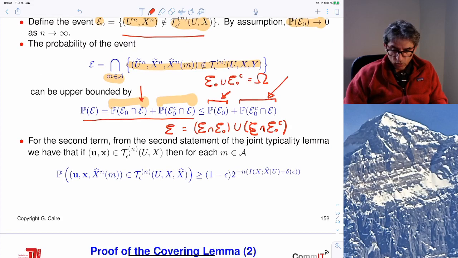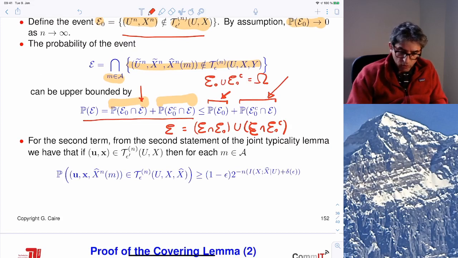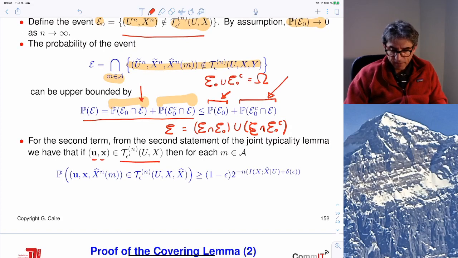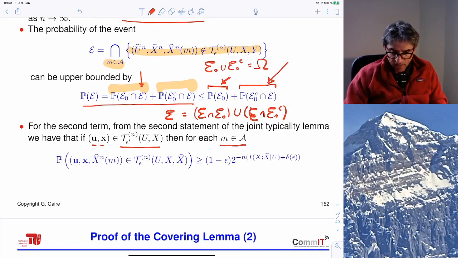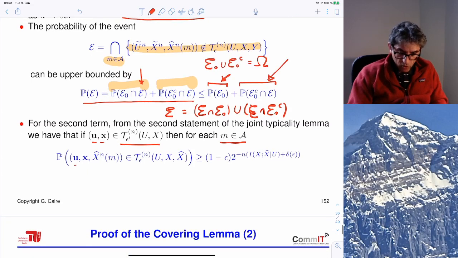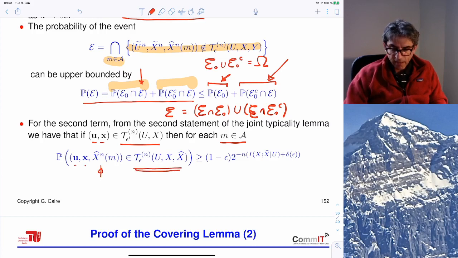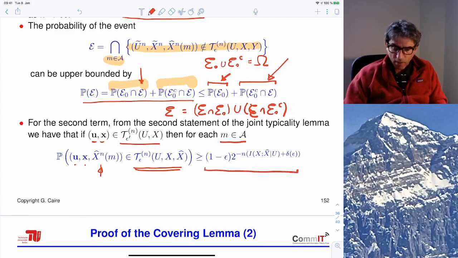So now we take two specific U and X that are jointly epsilon prime typical, and then a specific A, and now we know that for U tilde, X tilde, and this random X, the probability that this triple is jointly typical follows exactly property number 3 in the joint typicality lemma, and therefore is lower bounded for sufficiently large n by 1 minus epsilon times this exponential. You can identify the terms and see that this is exactly what we need.